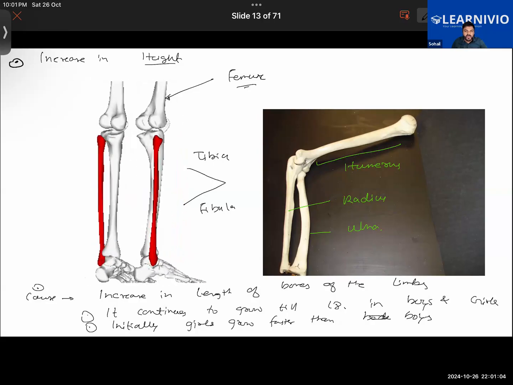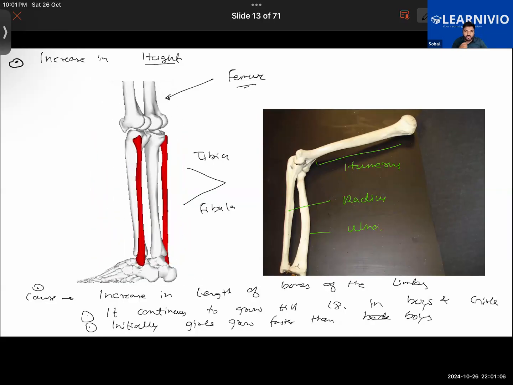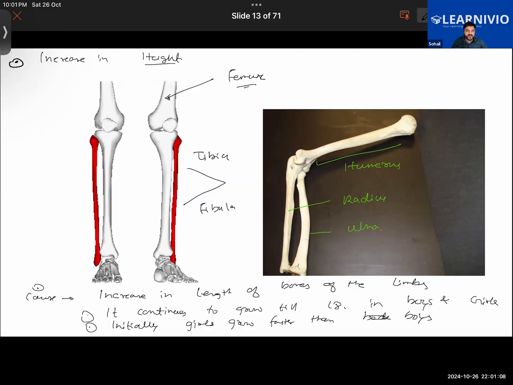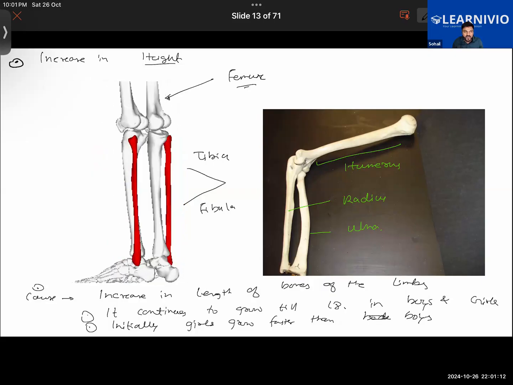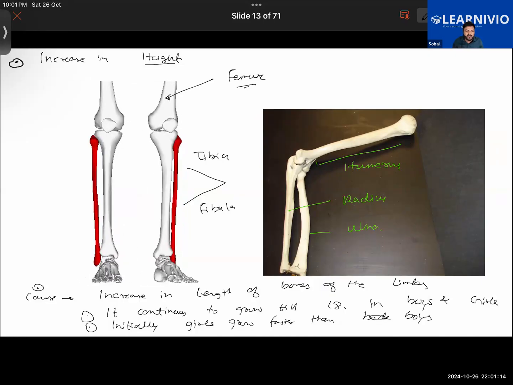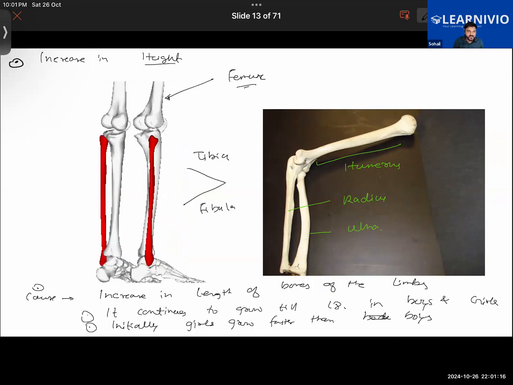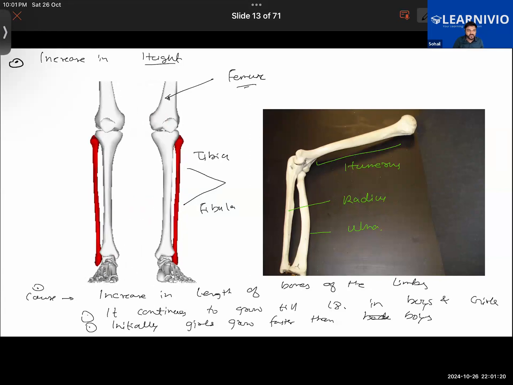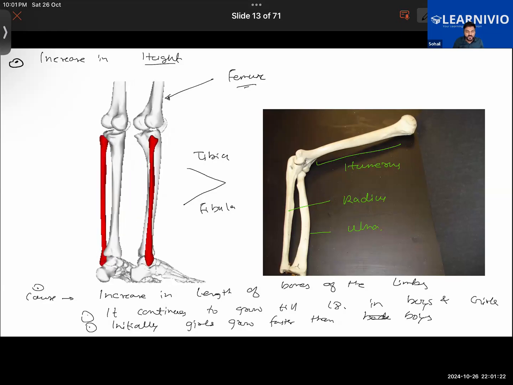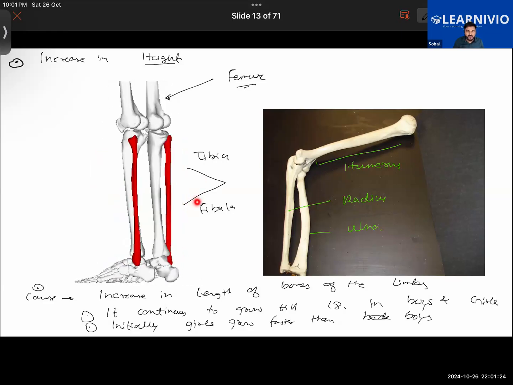During the age of adolescence, the long bones, the bones of the legs and the arms, elongate and make the person taller. For example, the femur is the longest bone in our leg. It connects to the hip joint, by the way. Femur, tibia, fibula.